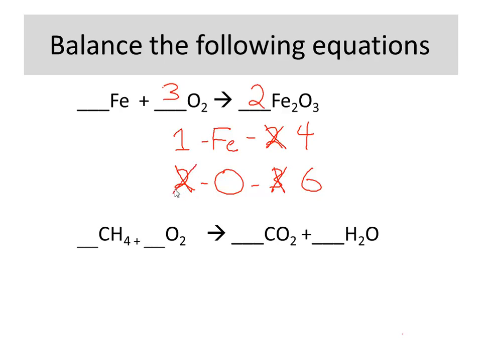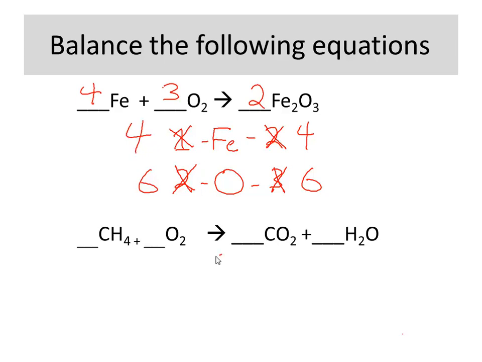That changes the O right here, so I have 6. Now, what's the last thing I can do here to make the Fe's balance out? I need 4 Fe's here. Am I a balanced equation? Good. Okay, makes sense? Let's go over this next one right here.